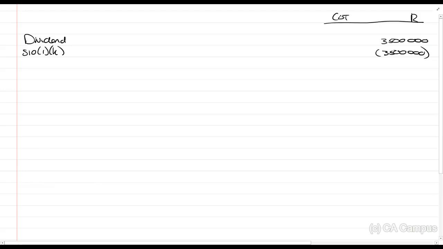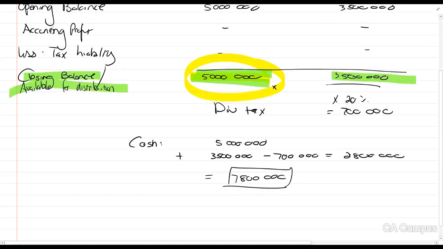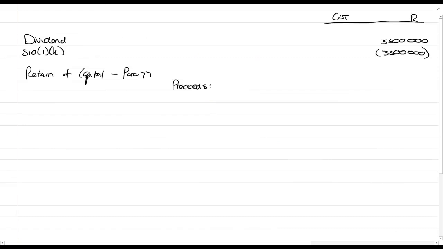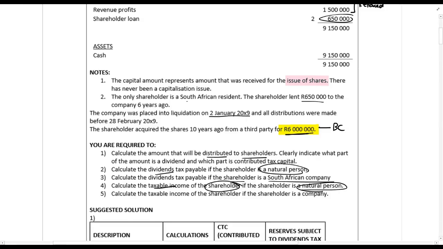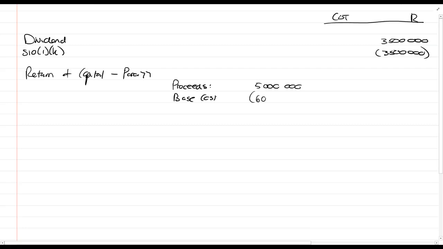So watch now. Now it is our return of capital, and in this case, paragraph 77. Our proceeds is the amount of contributed tax capital. Our base cost is whatever the base cost was in the question, 6 million rands, because remember, the amount of contributed tax capital is treated like a proceeds amount.